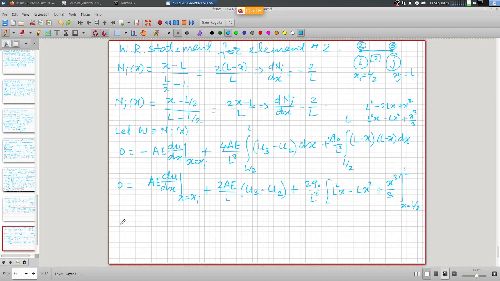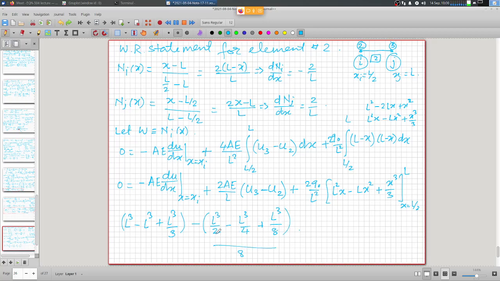So this will take a little bit of effort. So let's say L cube minus L cube plus L cube by 3, minus L cube by 2, plus L cube by 4, minus L cube by 8.